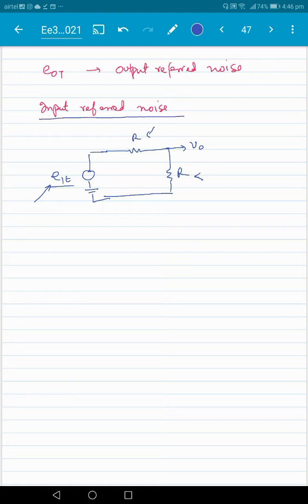So note that we have already calculated EOT, and whichever place you define the input, this is our input here, between here and here. Now, if you calculate the gain between the input and the output, so let's call this Vin, so let's say V0 by Vin is the gain here.